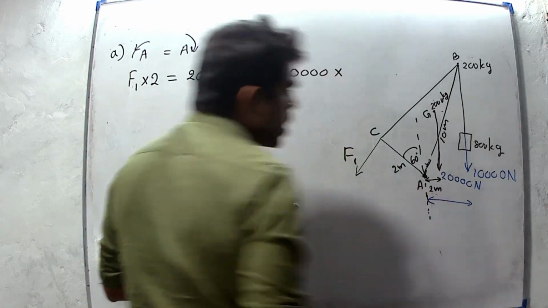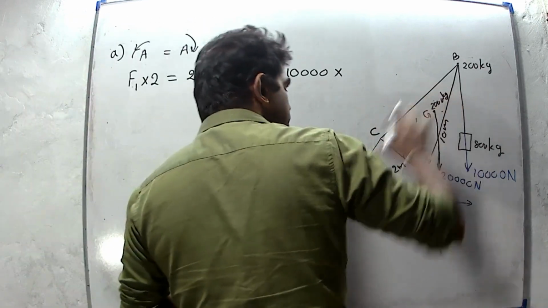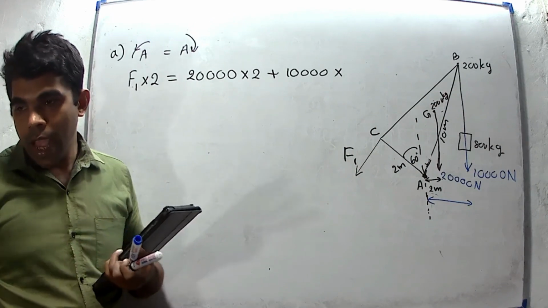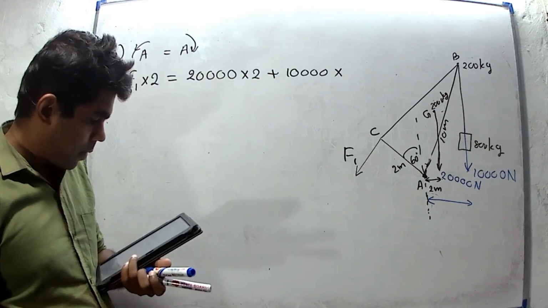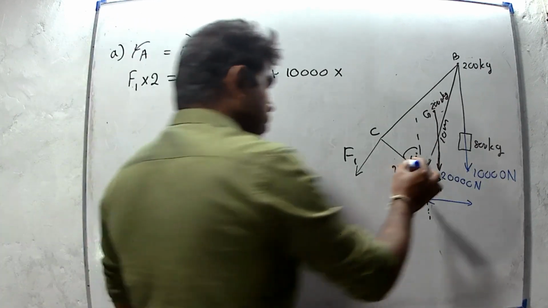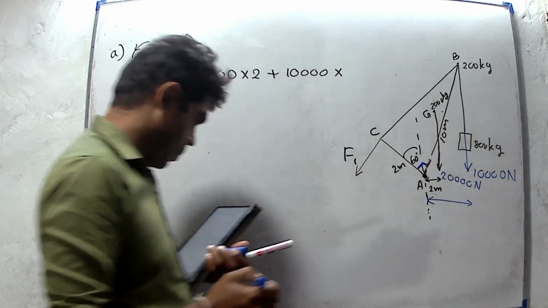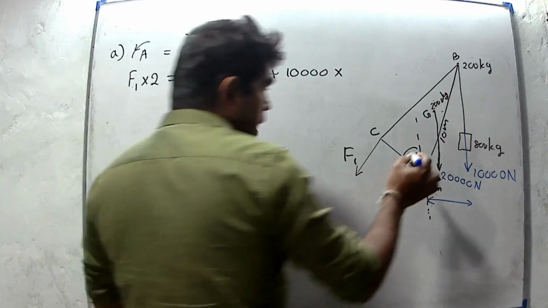When getting this distance, we have to use this 10 meter length. We know that in the given diagram this angle is 90, therefore this angle is 30.